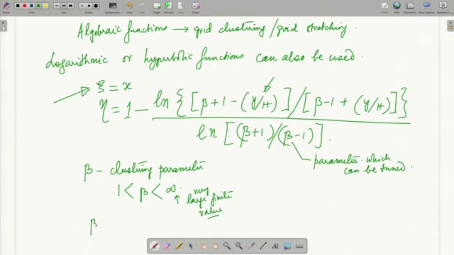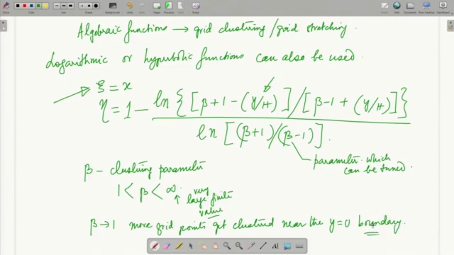So, as beta tends to 1, more grid points get clustered near the y equal to 0 boundary. So, this is another means by which you can do grid clustering.